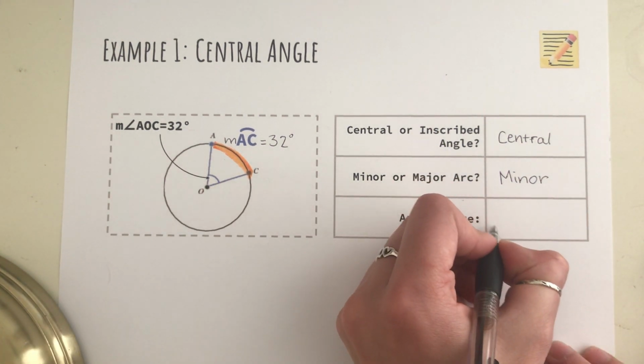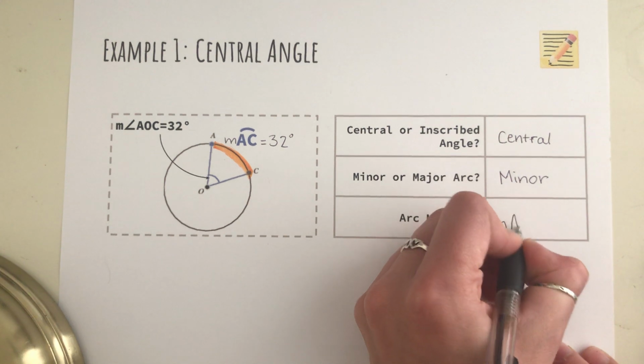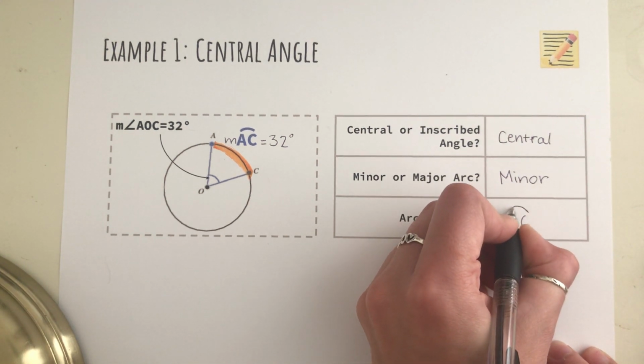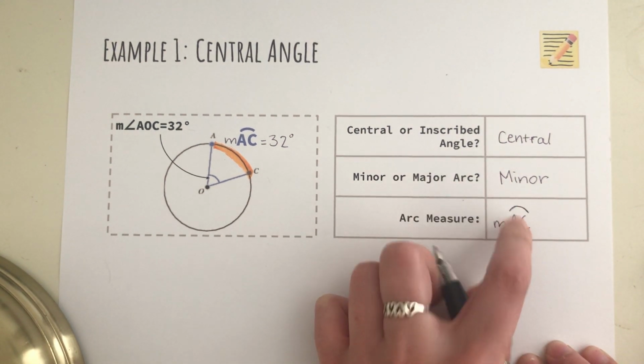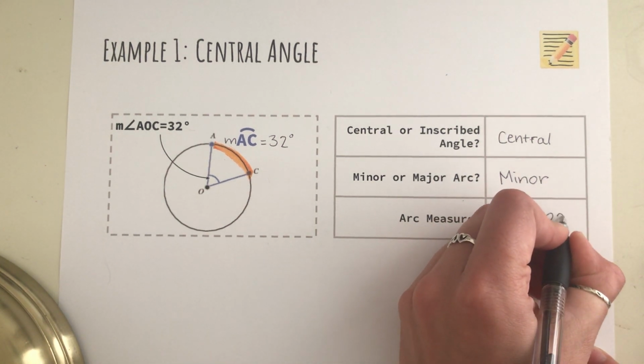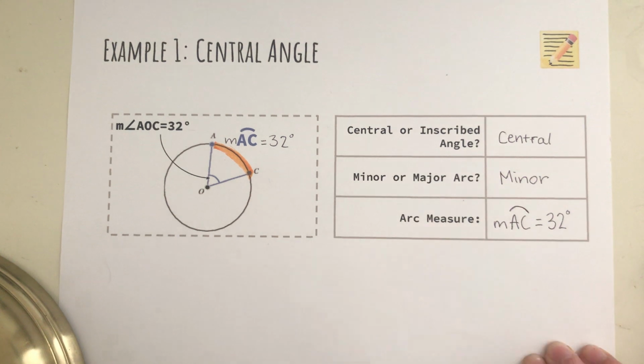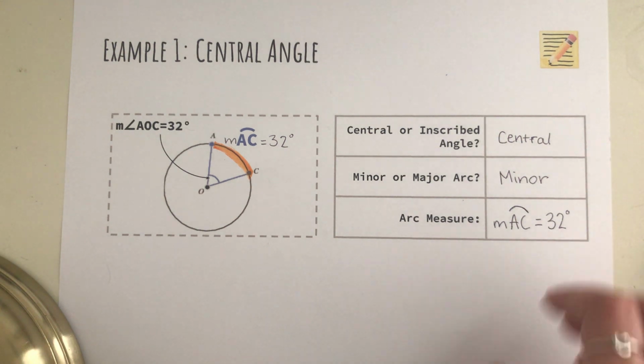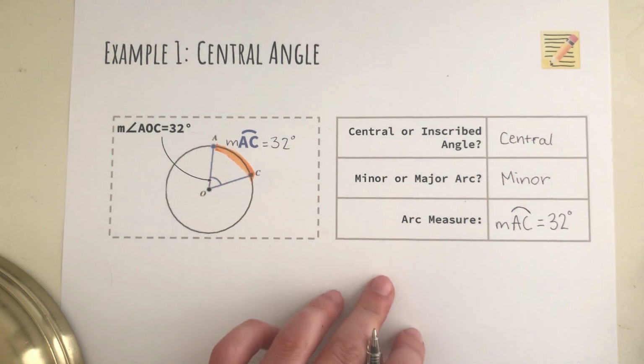So right here, I'm going to write the measure of arc AC. Remember, this is the symbol for arc, equals 32 degrees. Okay, so central angles should be fairly simple and straightforward to see. Let's do another example.